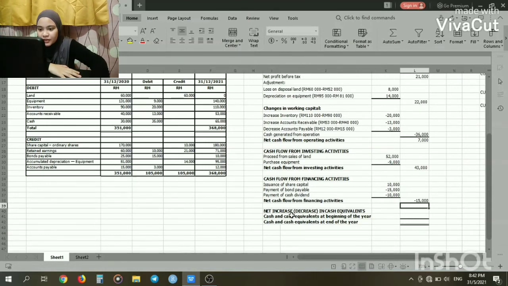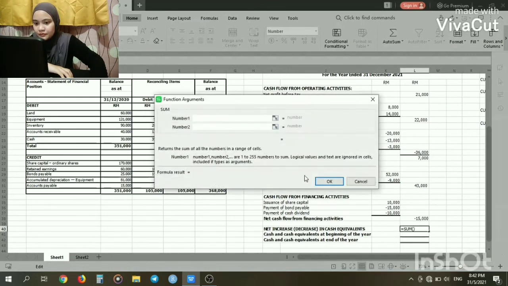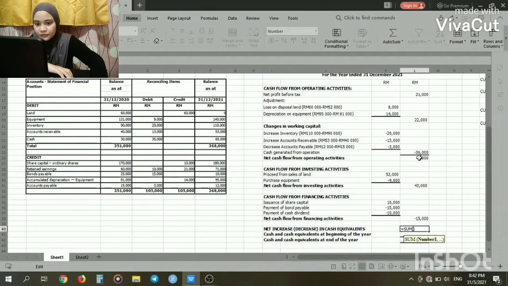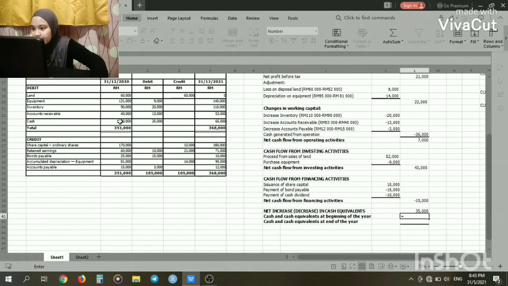So for the net increase or decrease in cash equivalents, we need to sum up the totals from operating, investing, and financing. For cash and cash equivalents at the beginning of the year, we took the amount from the worksheet.